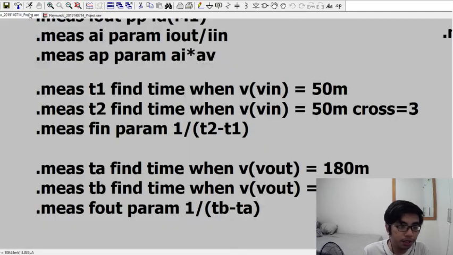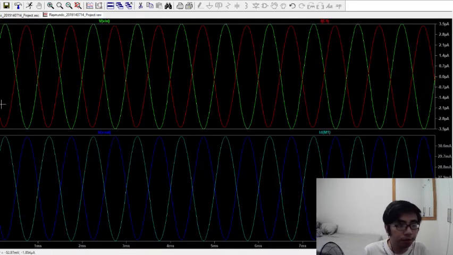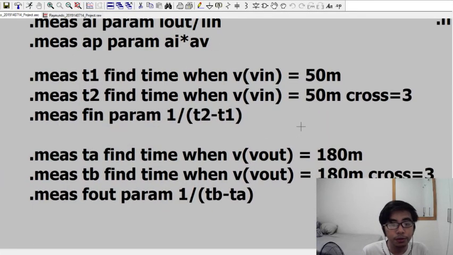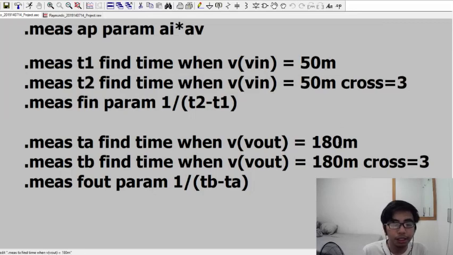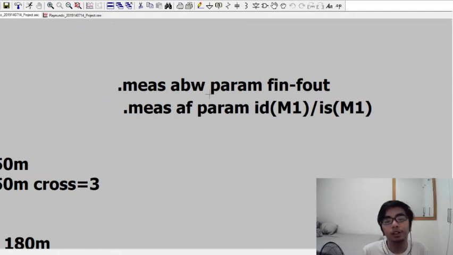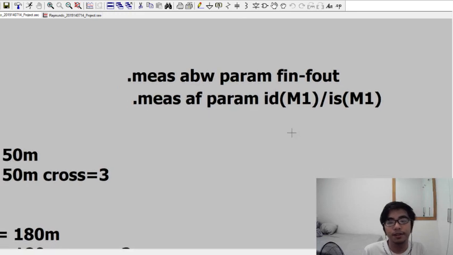What I chose is 180 for the output and 50 for the input. As you can see, 50 and 180 are both in range. The frequency for the input is 1 divided by T2 minus T1, and the frequency for the output is 1 divided by TB minus TA. The bandwidth is the frequency input minus the frequency output.